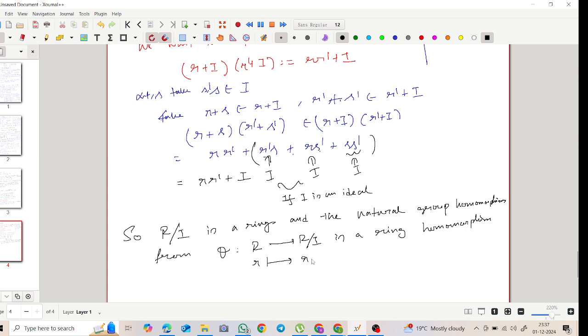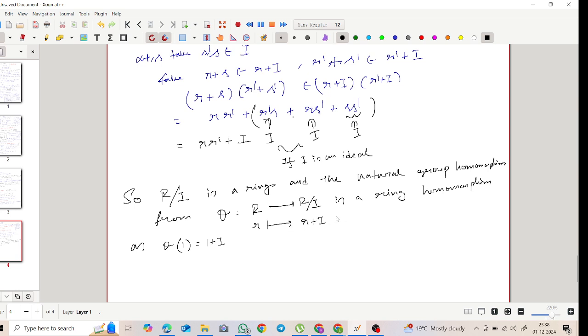Here r goes to r plus I. Why is this a ring homomorphism? As theta of 1 is 1 plus I, which is the unit in this.